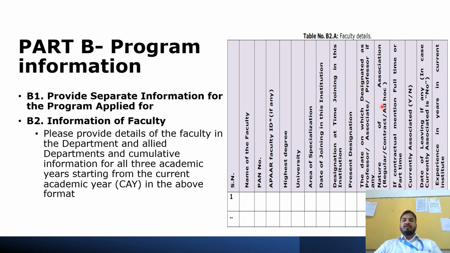Then nature of association with the institute: regular, contractual, or ad hoc. Currently associated with the institute, yes or no. If leaving, date of leaving, then experience in years in the current institution only. So that has to be filled in this table.